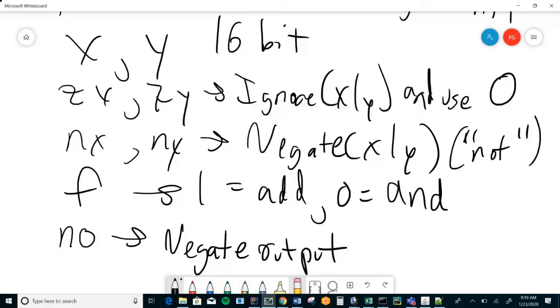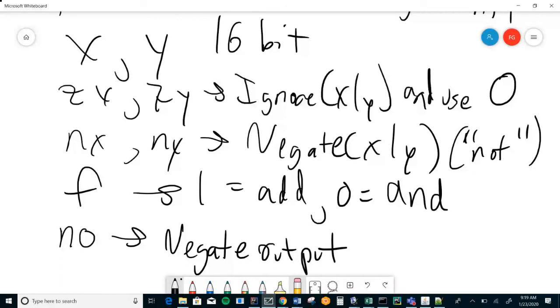As you're designing the circuit, it's a matter of keeping track, at each stage in which X and Y are flowing through the ALU, of which version of them should be under consideration at each point.